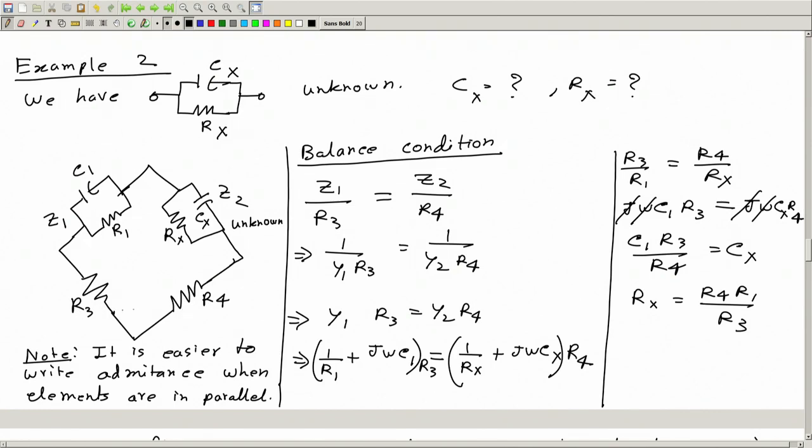See, these are pure real numbers, and therefore this ratio R3 by R4 is a pure real number, and that is why the balance equation was so easy. This was an example of a ratio bridge, where two adjacent sides are chosen to be pure.